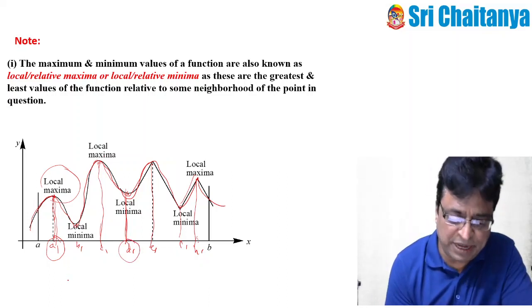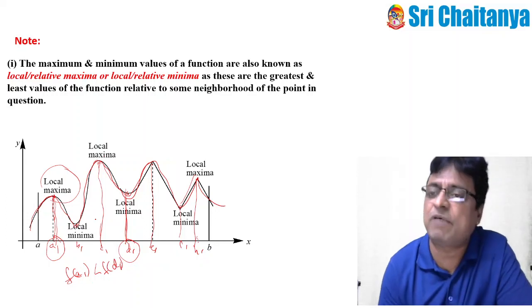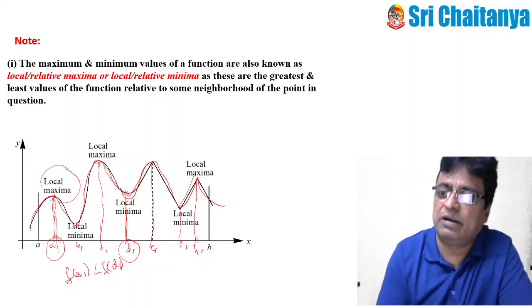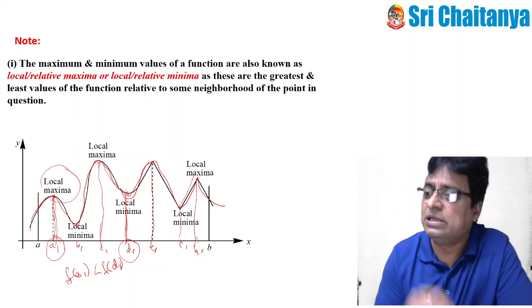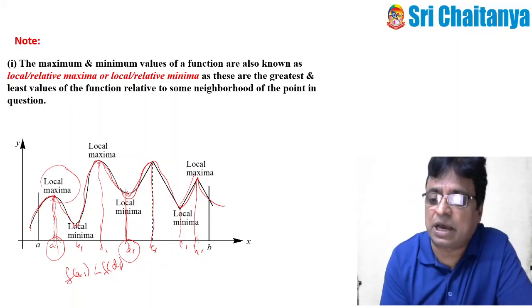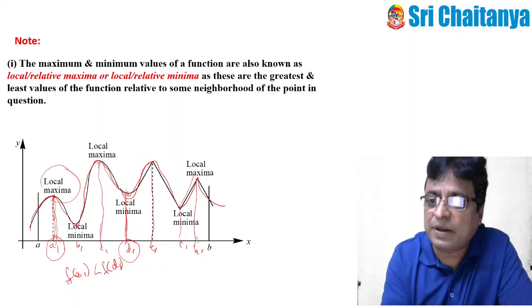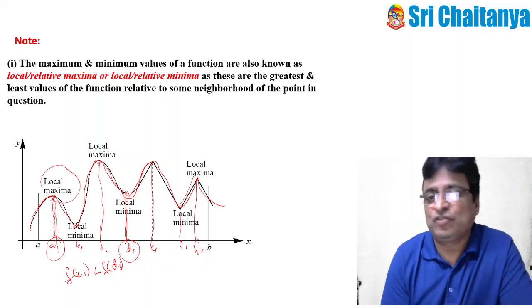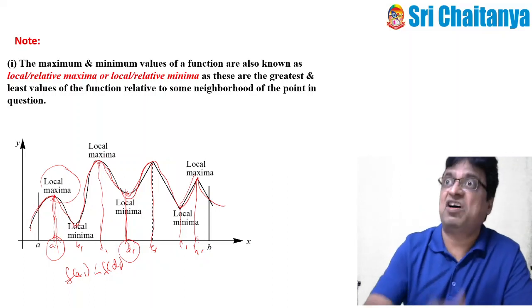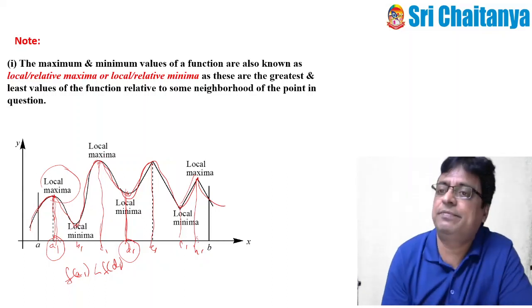So f of a1 is less than f of d1. That means what I would like to share with you is that a local maximum at a point on the curve may be less than a local minimum at some other point on the curve. So local maxima doesn't mean it is always the maximum. Local minima doesn't mean it is always the minimum.